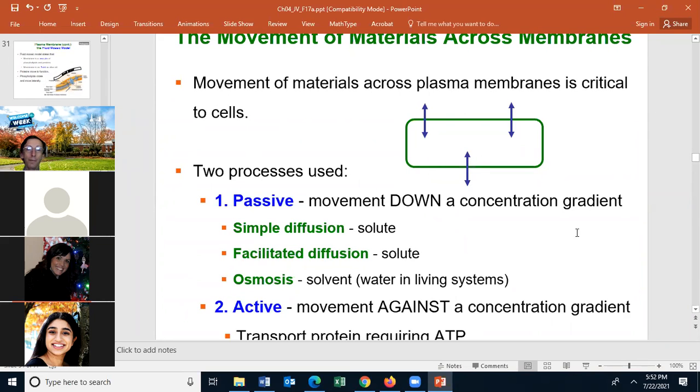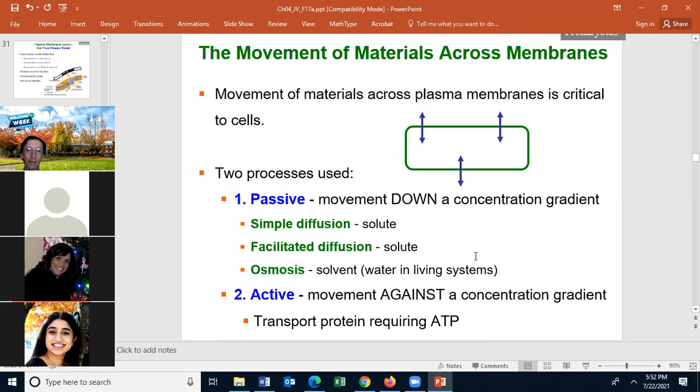All right, materials move across membranes according to the law of diffusion, and that is, materials will move from areas of high concentration to areas of low concentration. The movement of material across the plasma membrane is critical to cells.